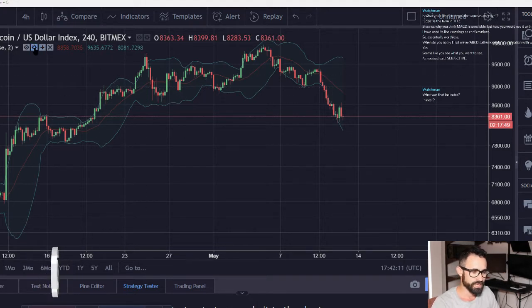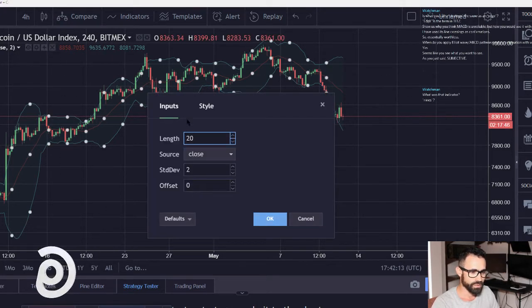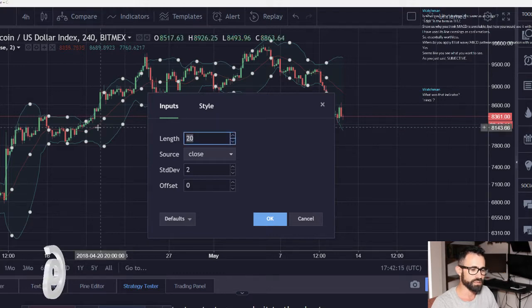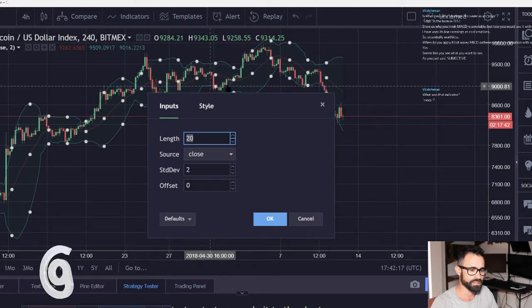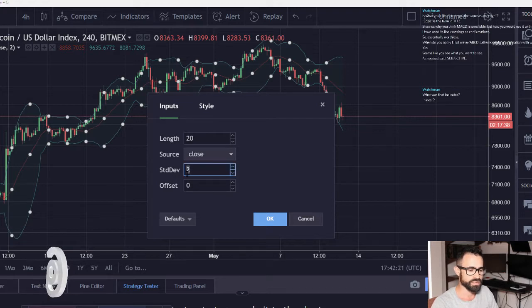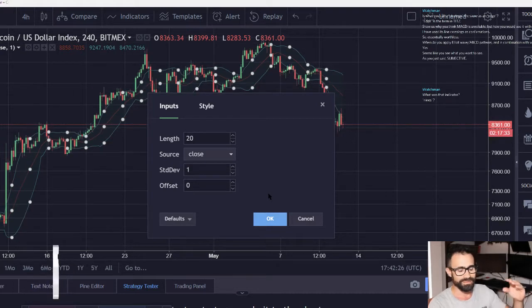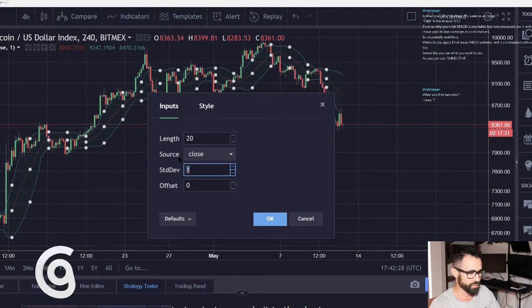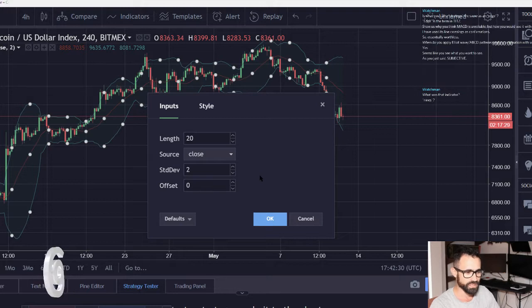If you go into the settings gearbox over here, we can adjust it. There's going to be an MA in the middle, and the length is going to be 20, which is standard. Standard deviations is how wide the bands are. If you go to 1 standard deviation, the bands are going to shrink. If you go to 2 standard deviations, they're going to expand.